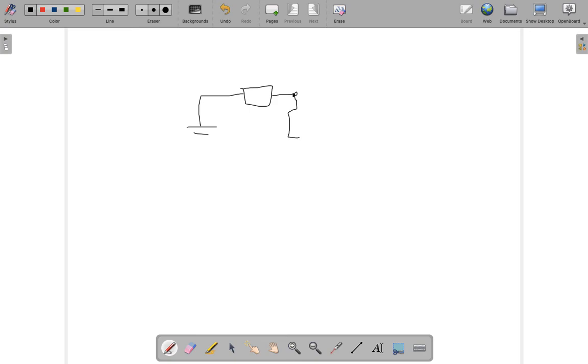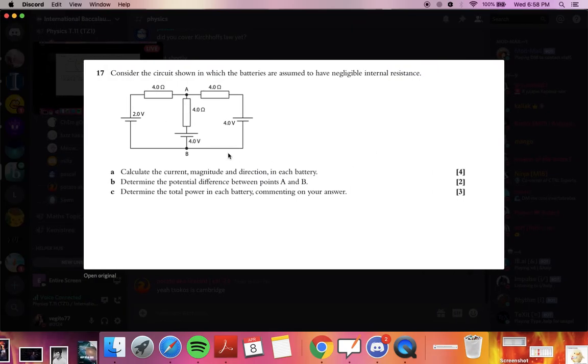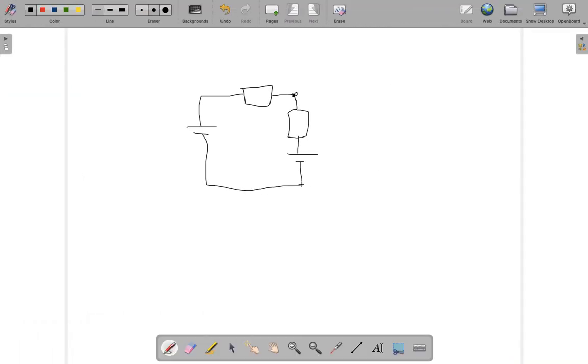A resistor over here and another cell. That I believe is one part of it. It's point A, point B. Draw another branch out.